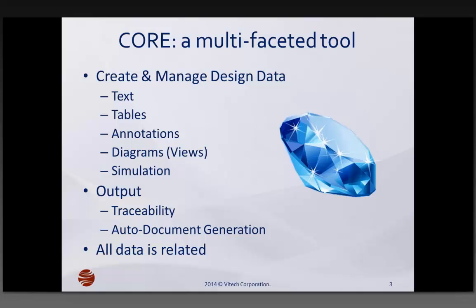Now, one of the things that's really nice about CORE is that it has the ability to output various types of systems engineering deliverables. It can provide things like traceability matrices. It can provide specifications, design documents, and test plans and procedures straight out of the model with no post-processing required.